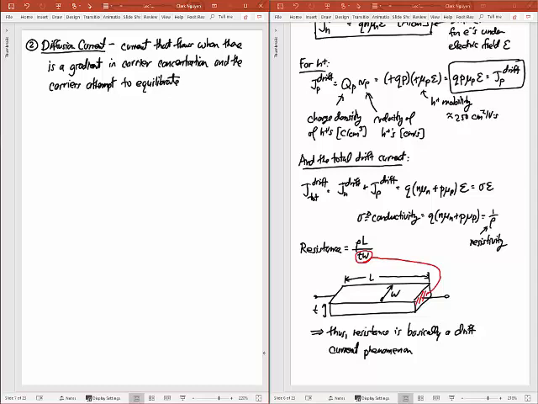Okay, so pictorially, what does this look like? Maybe I'll just give a fish tank example first.